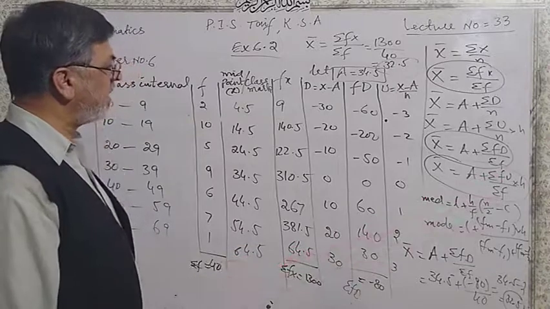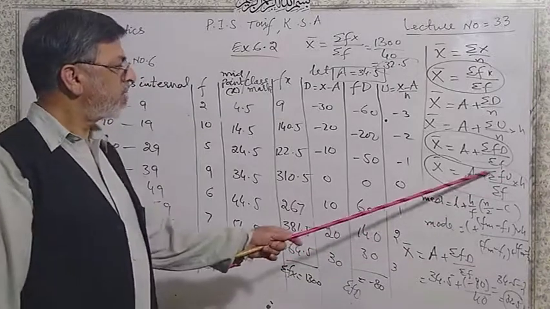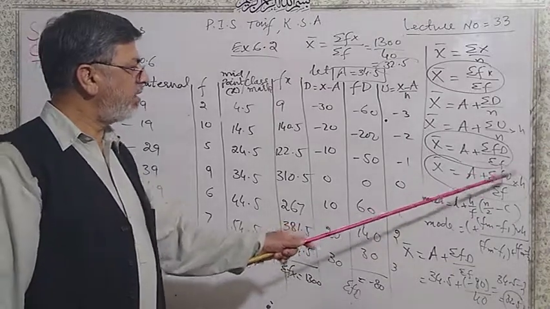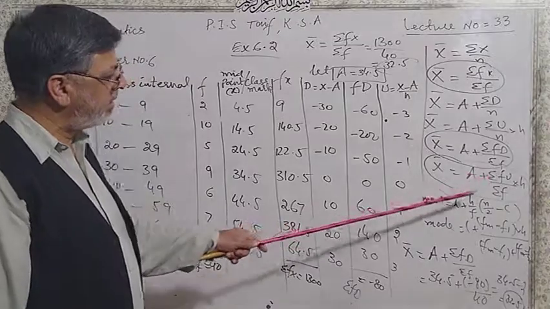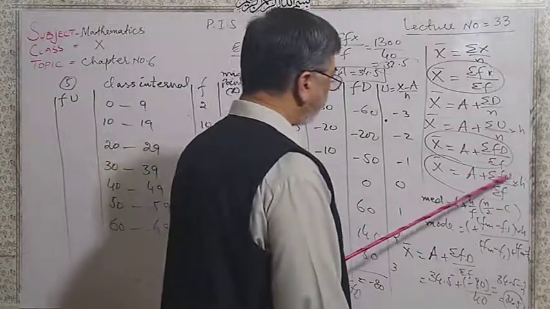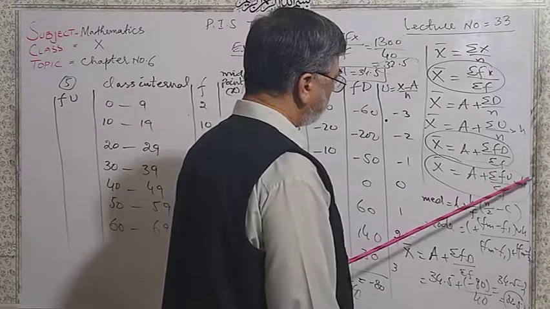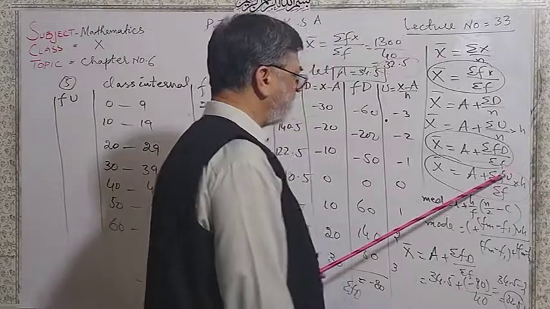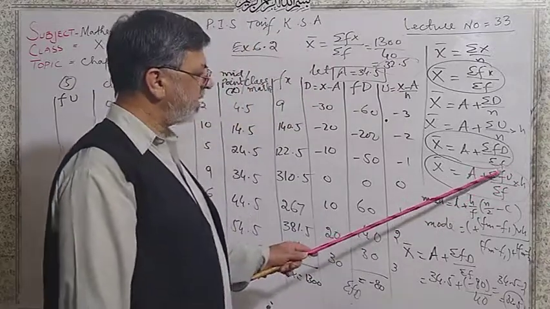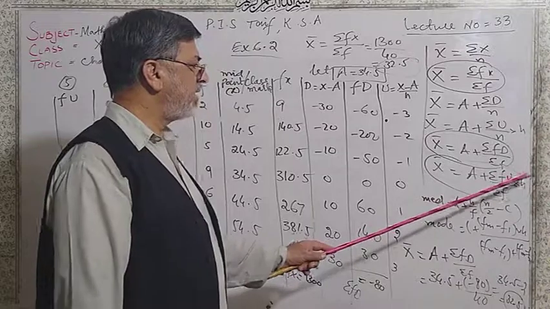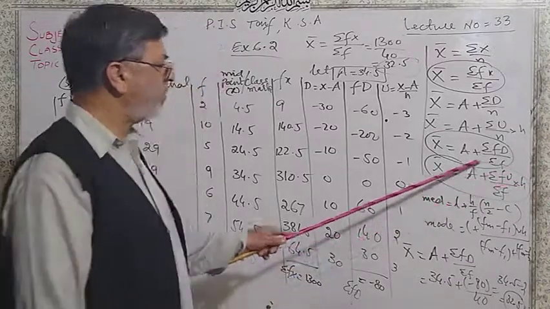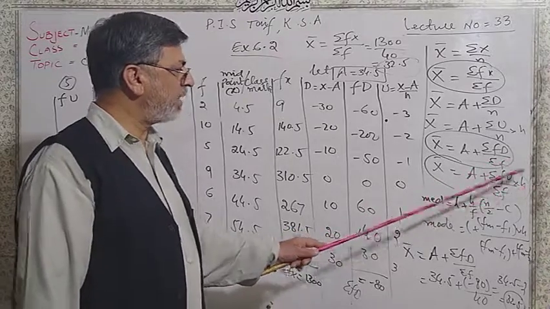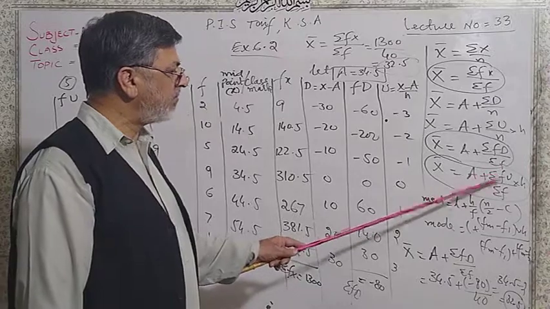Maybe sigma fu is minus 8 and h is 10. So minus 8 into 10 is minus 80 over 40, that will be minus 2.